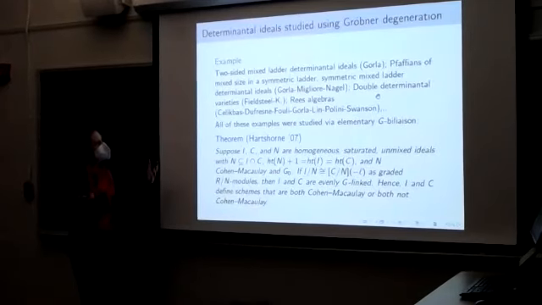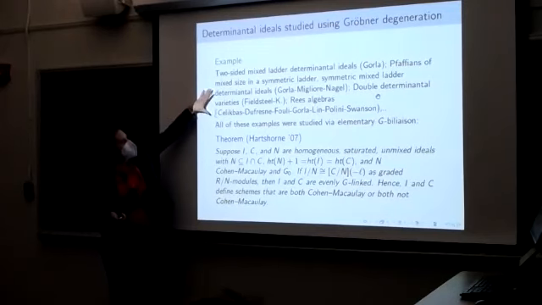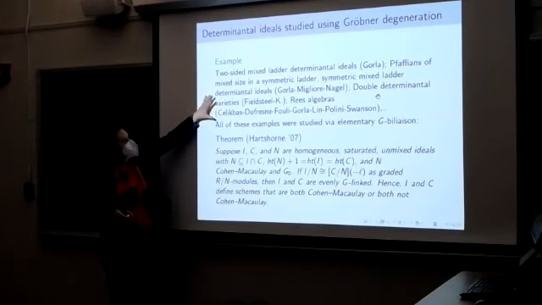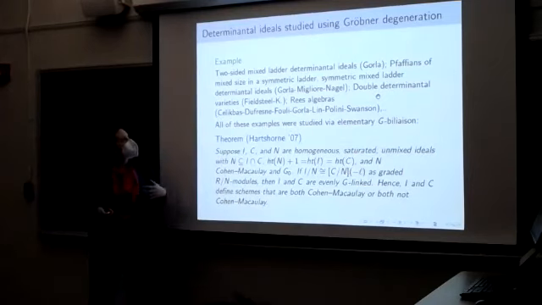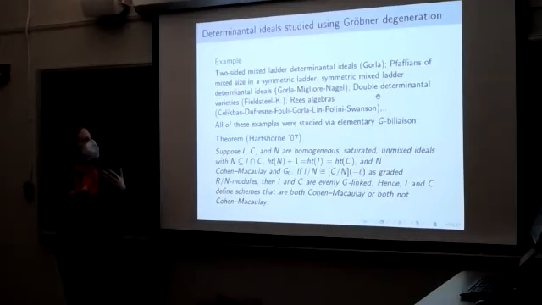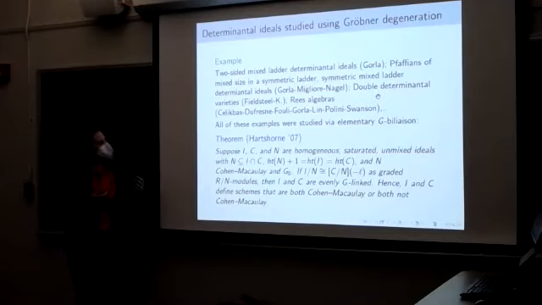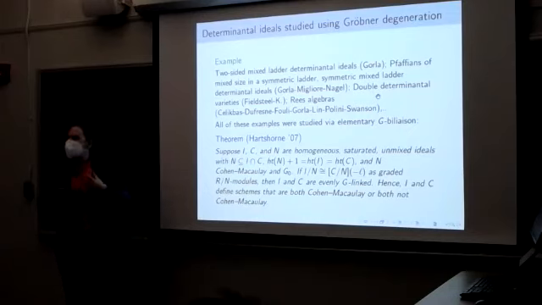Here are the types of things that have been studied successfully using this type of Gorenstein liaison. It's stuff that is largely determinantal: two-sided mixed ladder determinantal ideals, which are minors in a generic matrix in a constricted area, or Pfaffians, symmetric ladder determinantal ideals, these double determinantal varieties that come from Nakajima quiver varieties.